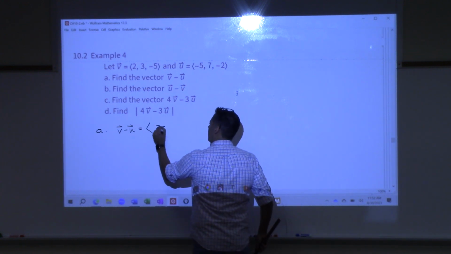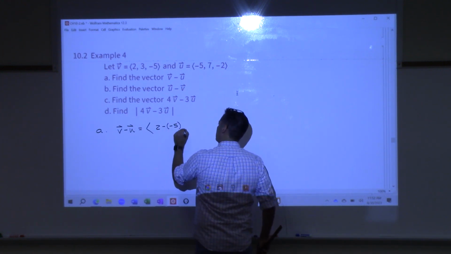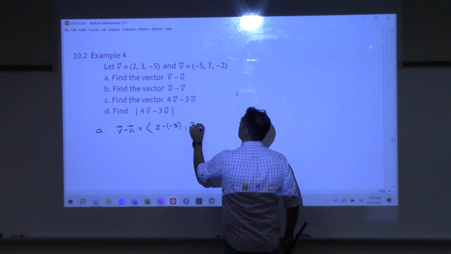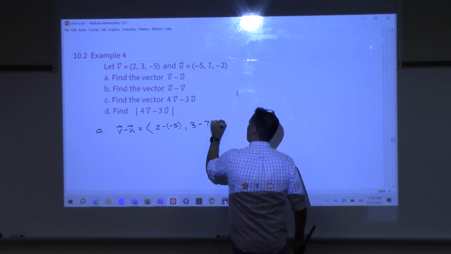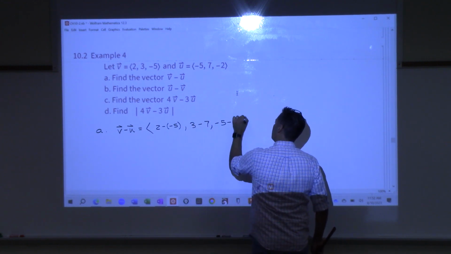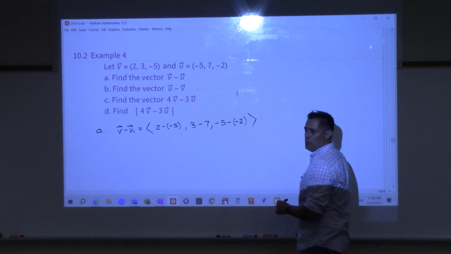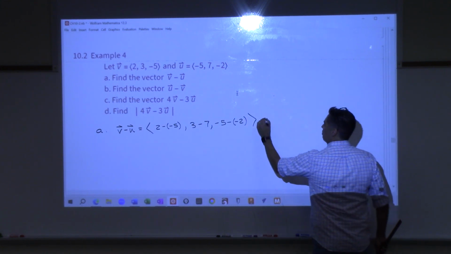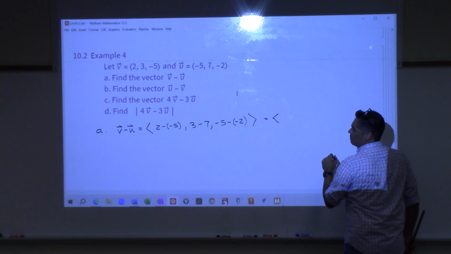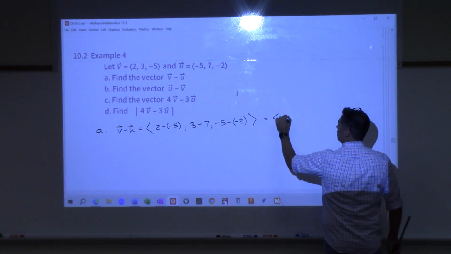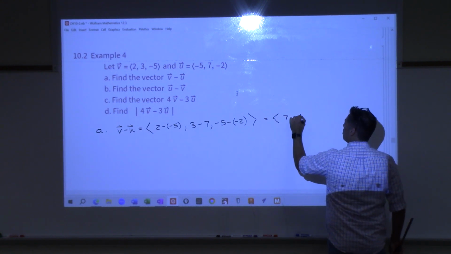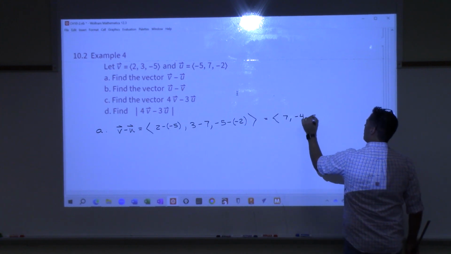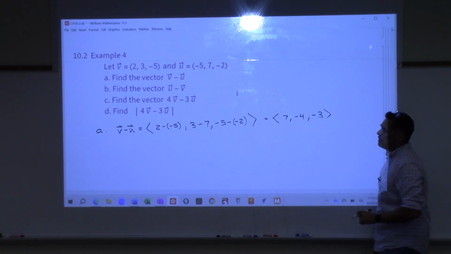So it's going to be 2, take away negative 5. And then I'm going to do 3 and take away 7. And then negative 5 and take away negative 2. And that should give me a new vector. That new vector is 7, negative 4, negative 3. Okay, that's the vector v minus u.